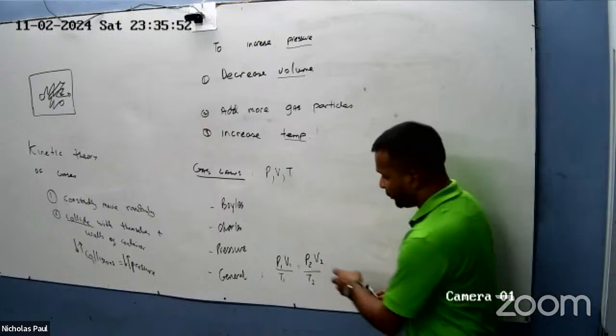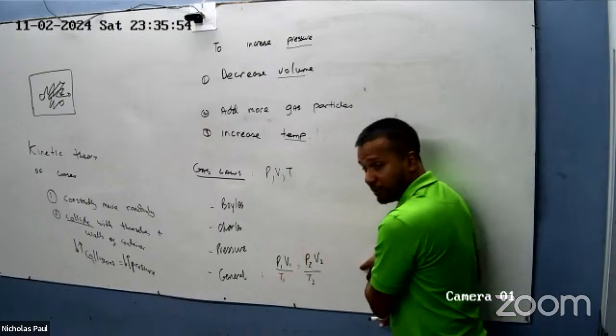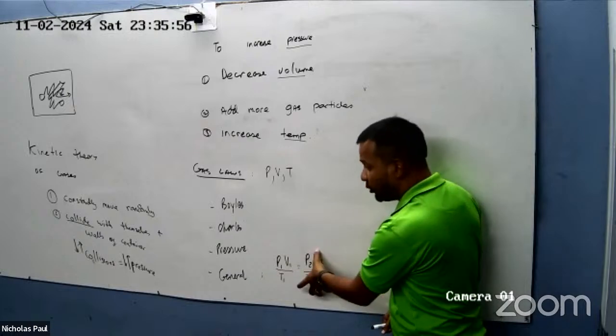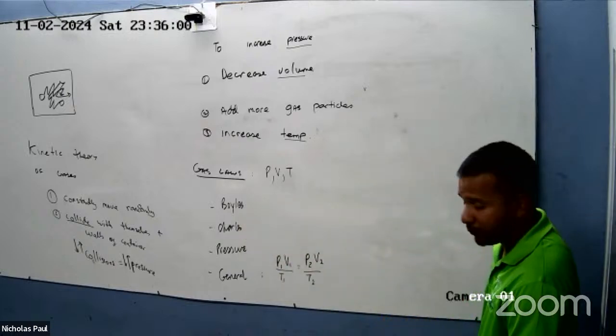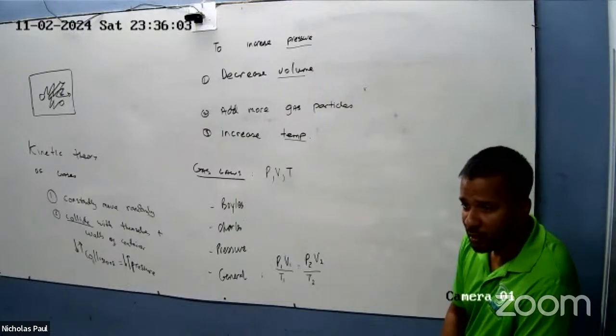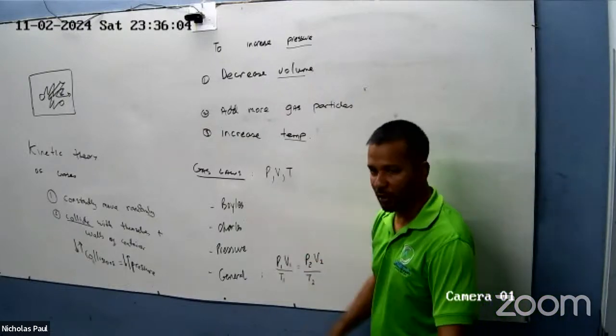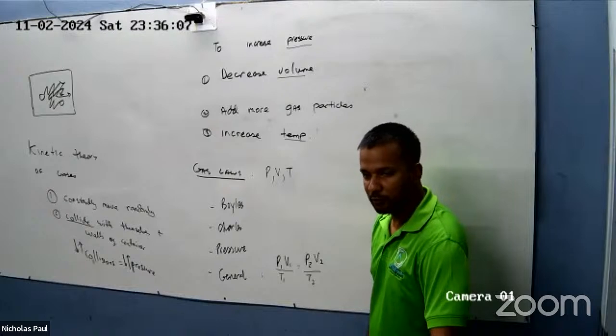So the general gas law gives us this relationship, and we could use this now to work out any one of these. Anybody remember what to do? How do we go from here to figure out the laws?